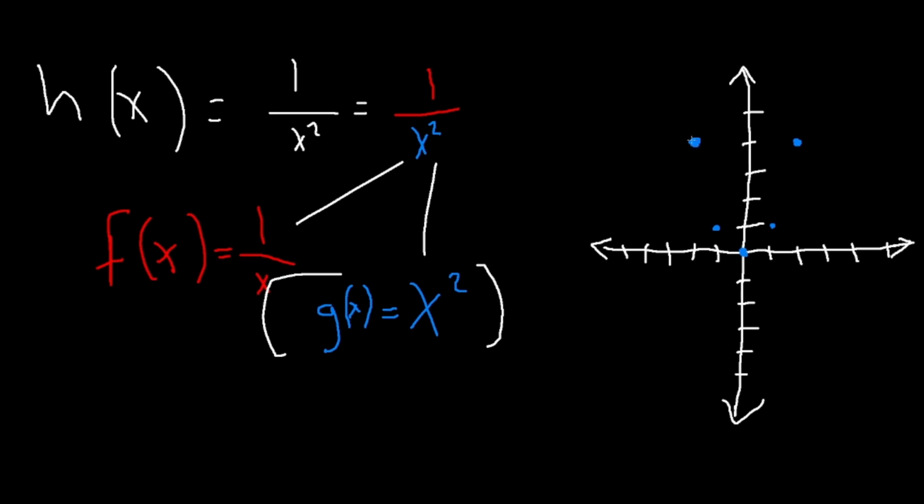And I'm going to attempt to draw this to the best of my abilities, but it might not look super neat, but I'm going to try to draw a parabola here. It's just going to keep going on to infinity. And there we go.